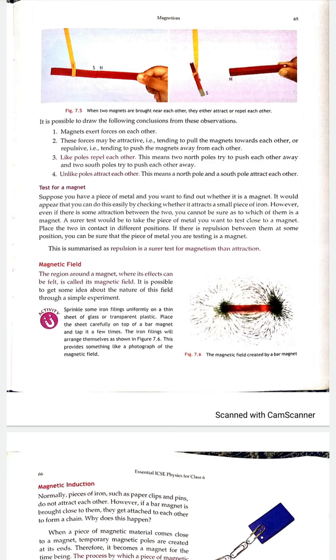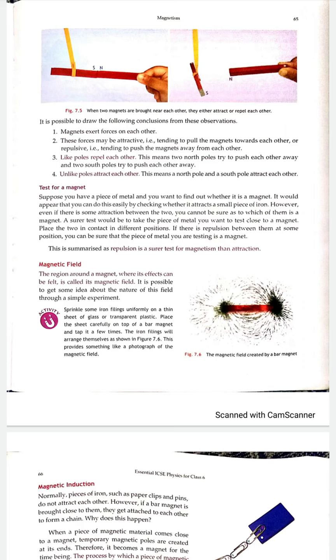This means that the magnet has its attractive power spread around itself, and if any magnetic material like an iron nail or paper clip comes inside that particular region in which it has its attractive power, then the magnet is able to attract those magnetic substances. So this region or the space existing around a magnet in which it is able to attract magnetic materials toward itself, we call that region or space a magnetic field.